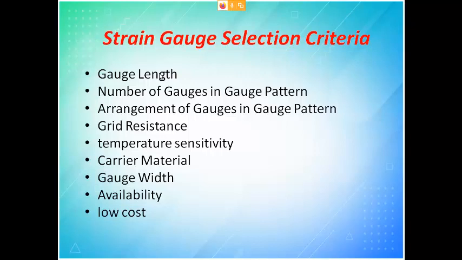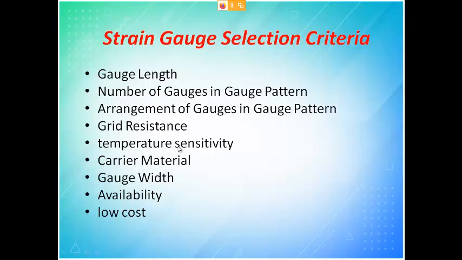Then temperature sensitivity. I have already told you, all semiconductors have a tendency to change with temperature. If temperature changes, then there comes the issue. If temperature increases, the resistance will come down and the device will get turned on. The device should be turned on only based upon the force acting, not on the temperature.